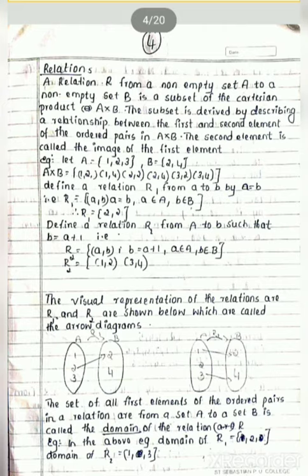Next comes relations. In our day-to-day life, we come across many relations like is friend of, is sister of, is brother of, is mother of, is son of, is father of, etc. For example, Suma is a friend of Rama.